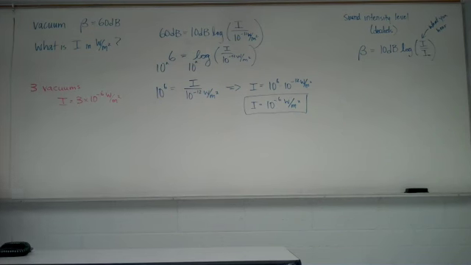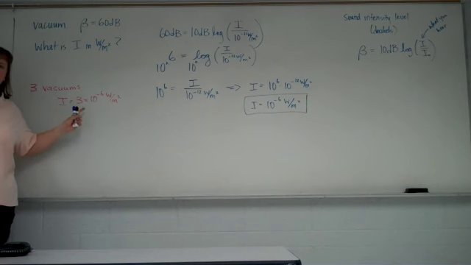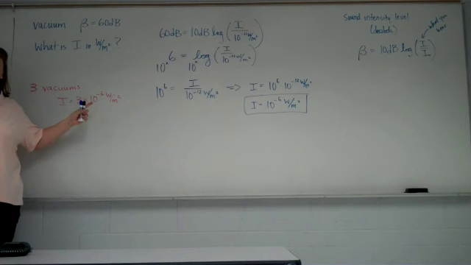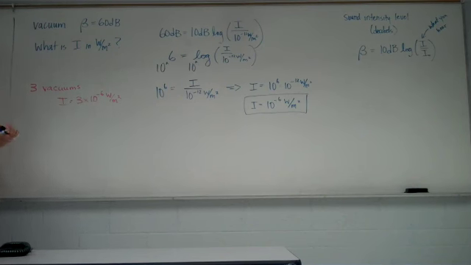So the actual intensity in watts per meter squared is what you multiply by the number of noisemakers you happen to have. Another side note, 3 times 10 to the negative 6 is not the same thing as 30 to the negative 6. I only say that because I've seen people do that in the past. Multiply the 3 by the 1 and think they're good. It doesn't work that way.